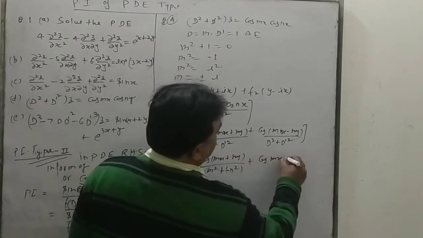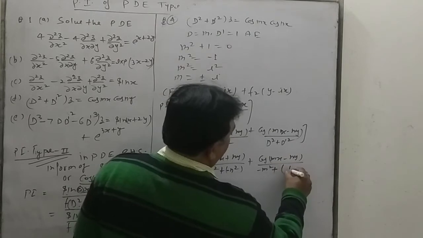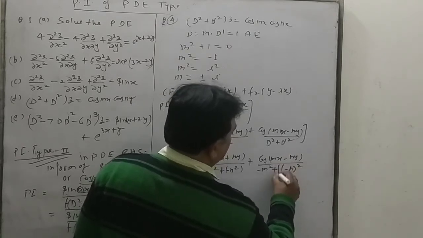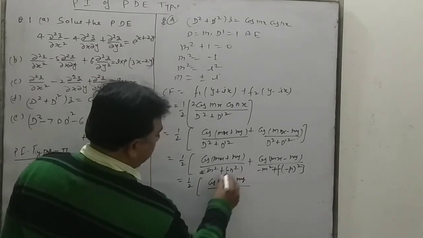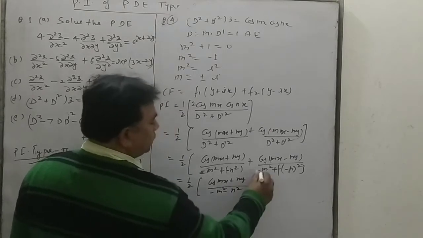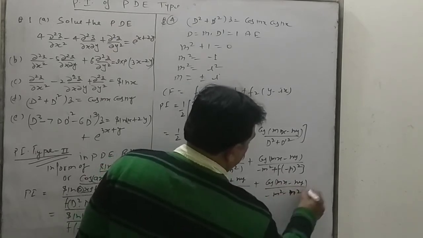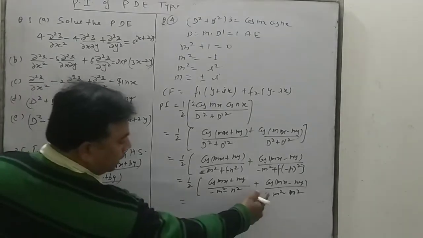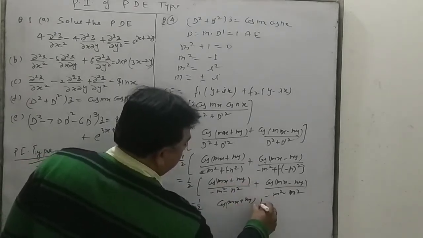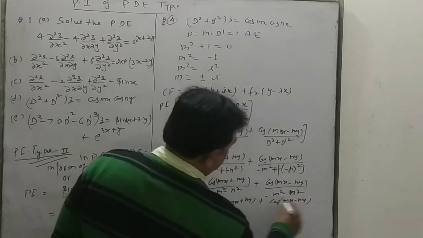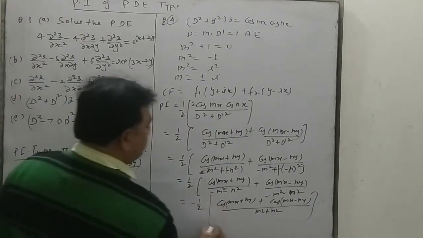Similar process for cos(mx − ny): minus m² minus n². So 1/2 cos(mx + ny) upon (−m² − n²) plus cos(mx − ny) upon (−m² − n²). Taking the minus sign common, we get 1/2 [cos(mx + ny) + cos(mx − ny)] over (m² + n²). Simple process. This is the PI of this partial differential equation.